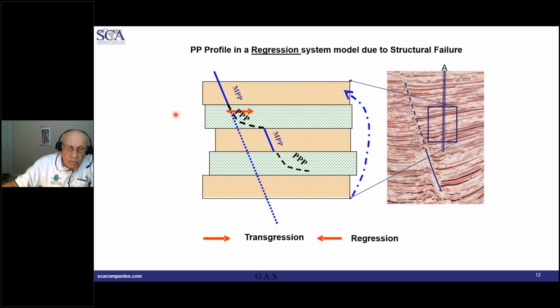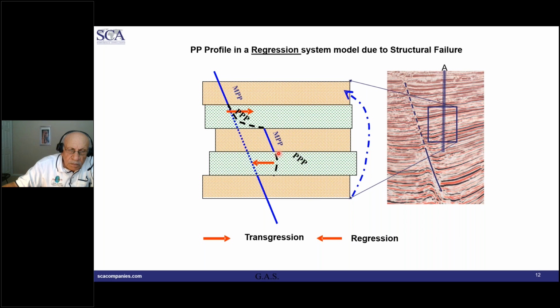Here is the breach. So you've got your pore pressure in the shale going forward. And then when the breach took place and the sand here communicates with the sand up here through the fault right here, what happened? The shale starts to have the effect.